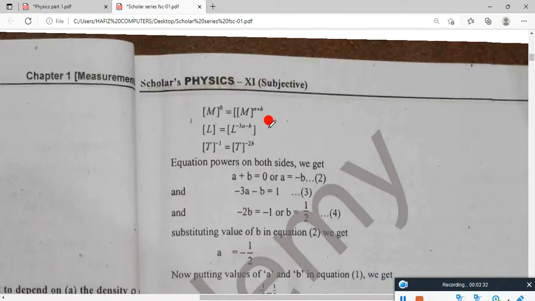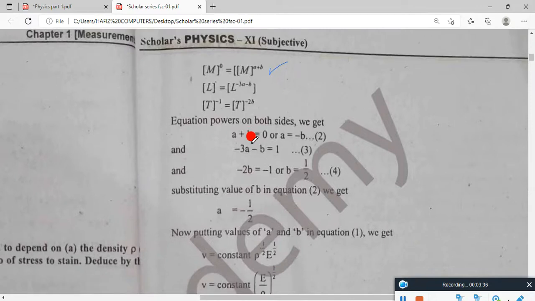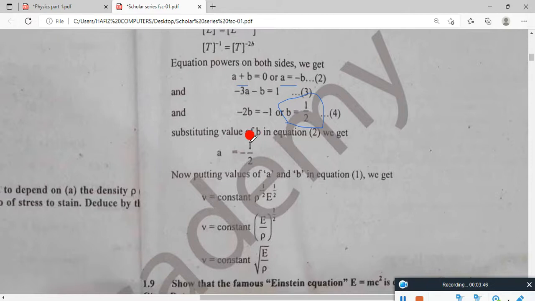When we compare these two sides of the equation, we get a + b = 0, or a = -b. Similarly, b is equal to 1/2, or half. Substituting the value of b in equation 2 and then in equation 1, we get the value of a.